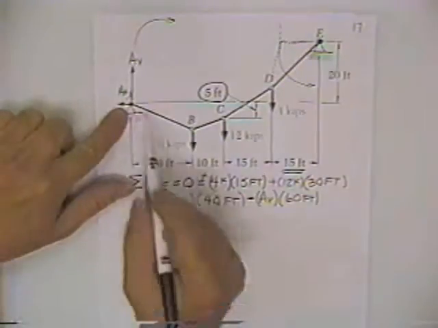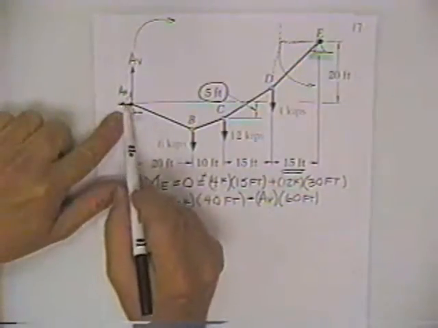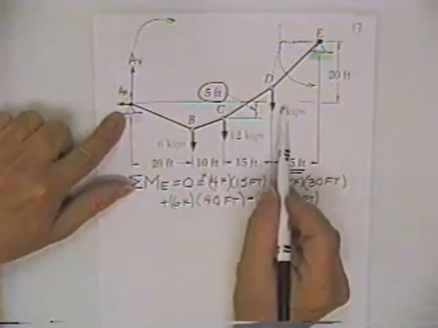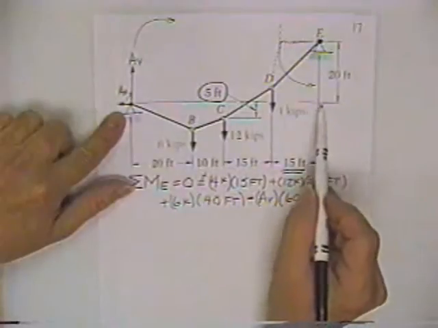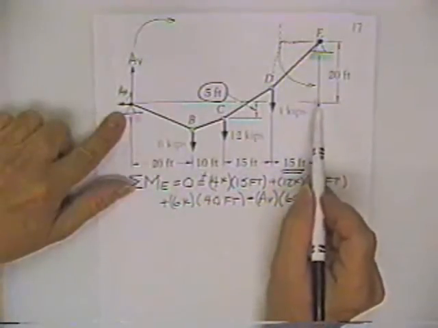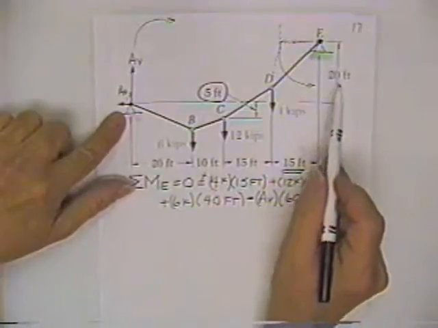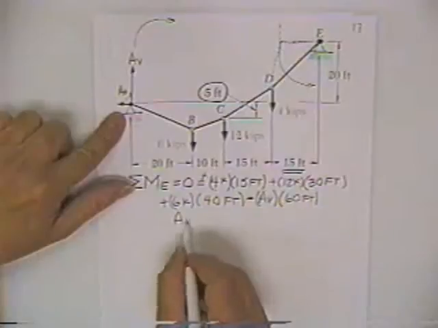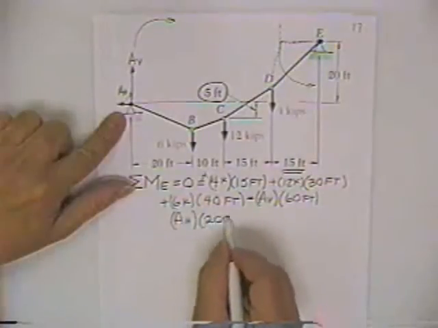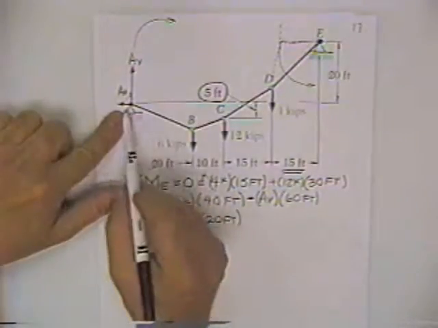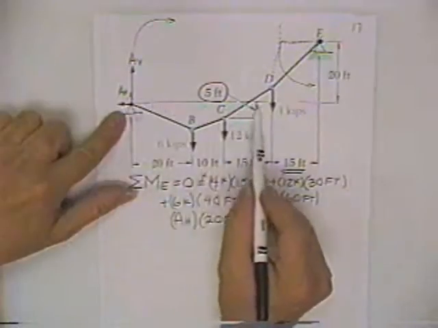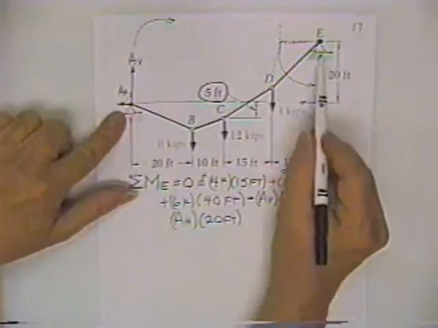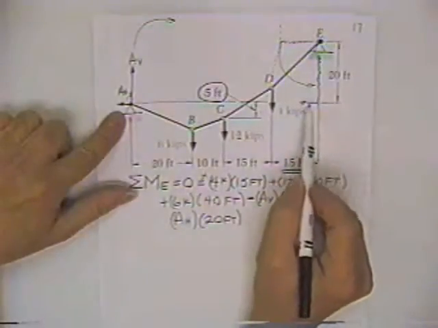And then finally is this A horizontal force. Again, follow the A horizontal force until it gets as close to the point you're summing moments about as it's ever going to get. That's too far. That's just right. Can't get any closer than that. Your moment arm is 20 feet. So A horizontal times a 20-foot moment arm, and his tendency to roll, drag him back here, stop right there, put him on the page and tie a piece of string to him.